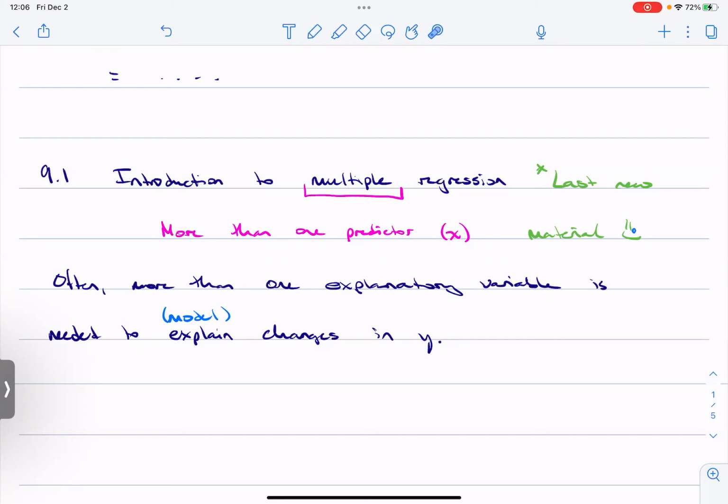So multiple regression is, of course, when we have multiple predictors, so more than one x. Often we're going to need more than one predictor to be able to explain changes in y, right?